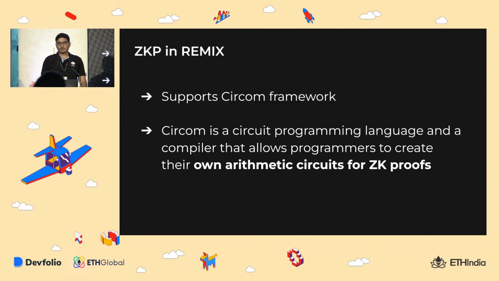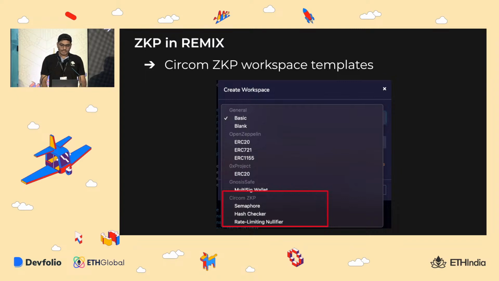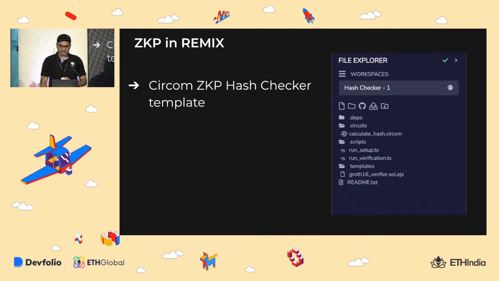And then when you compile it, there is a dedicated compiler for this. When you compile, you will get generated Solidity code also that you can use for Solidity verification purposes. We have some predefined workspace templates for that. You can just go to create workspace, and at the bottom you will see these three new workspace templates. For now, I'm just going to show this hash checker template.